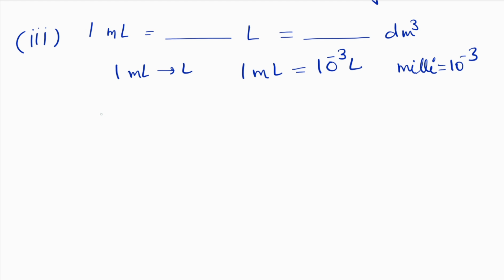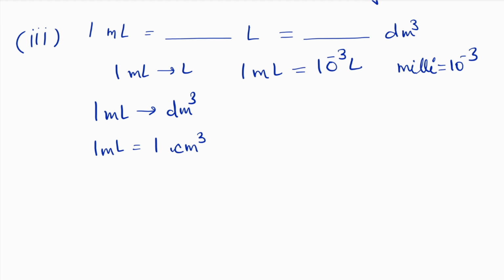Now 1 milliliter to decimeter cube. Fine. First, we have to convert milliliter to centimeter cube. I'll tell you a relationship that 1 milliliter is equal to 1 centimeter cube.